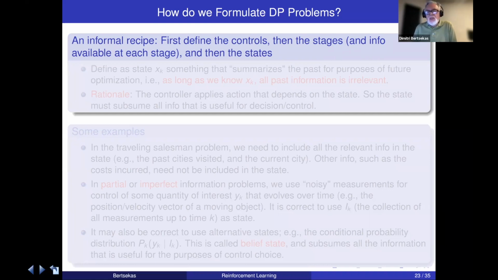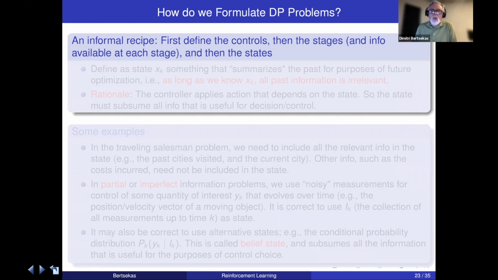My way of approaching this issue is to look at the practical situation and define first the decisions. You can pretty well figure out what it is that you have to decide. For example, in the traveling salesman context, what you need to decide is from one city to go to the next city.